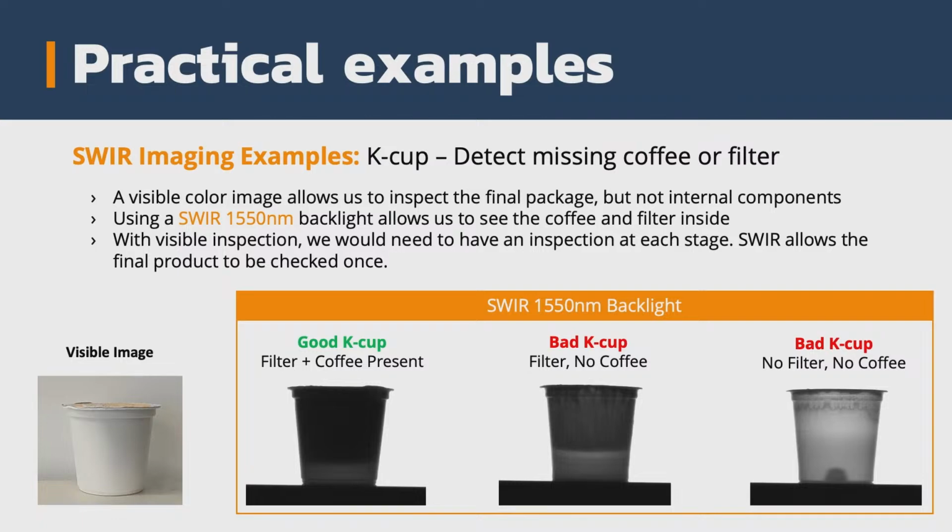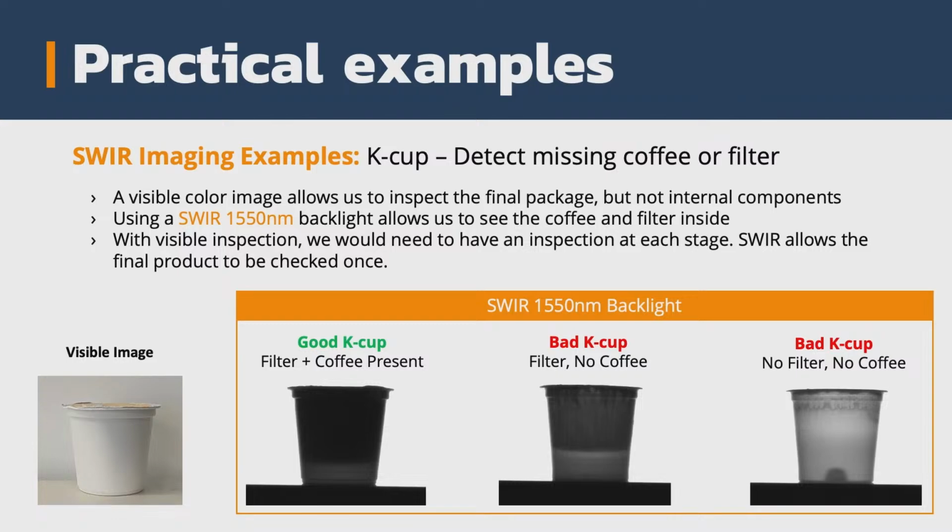But if you look close, we can also see the filter in the bottom, and you'll notice there's actually a white ring at the top of the filter that you can't see in the good image. That's because the white ring is the seal that seals the filter against the bottom and doesn't let coffee get around the filter. In fact, you can use that to your advantage, because we see that bright seal in the one with no coffee, and in the properly filled one, the coffee presses in and around that seal, but not past it, and you shouldn't be able to see it if it's properly filled.